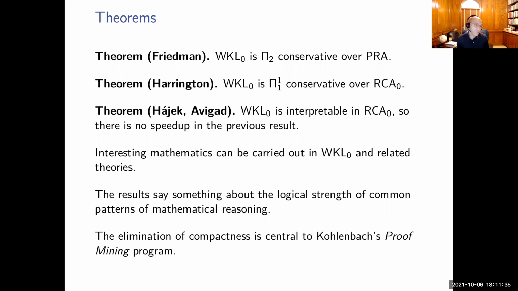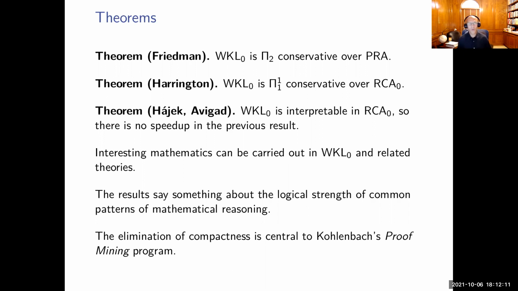That was followed by a strengthening due to Harrington, which is that WKL naught is pi 1 conservative over RCA naught. And with the prior reduction of RCA naught to primitive recursive arithmetic, that gives Friedman's theorem as a corollary. But one of the results in my dissertation, which was discovered independently and before me, in fact, by Hájek, is that there are ways of interpreting WKL naught in RCA naught. So in that case, there is also not a dramatic speed up in the conservation result.